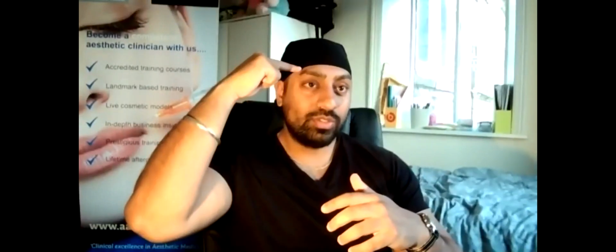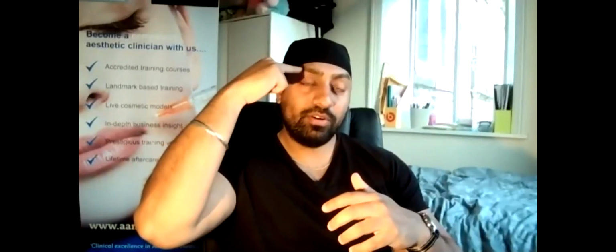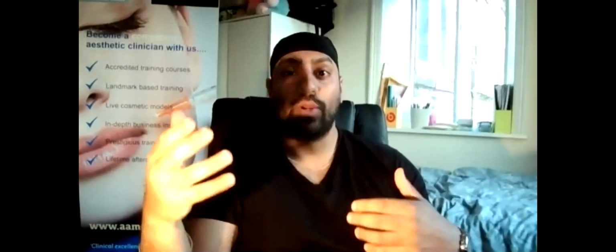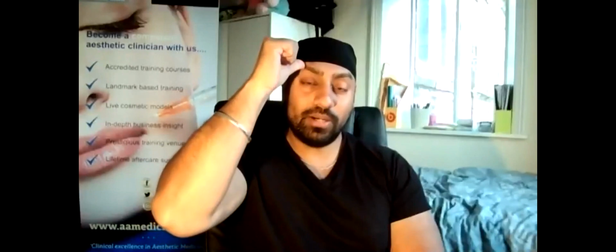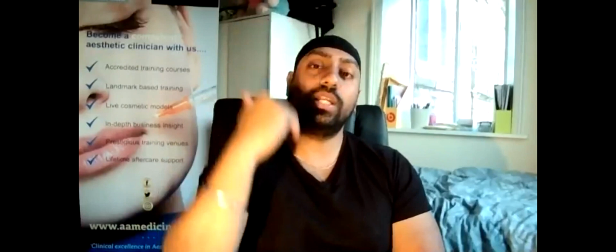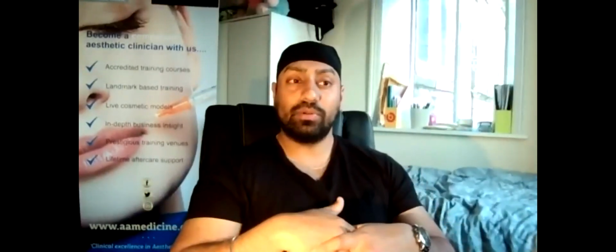So just beneath the peak of my brow, I would go onto periosteum with a needle and inject something like 0.05 to 0.1. Once I'm done, I will hold the product and push it up, hold it there for about 10 seconds and then let go, and you will see a nice lift. If you combine that with injecting into the temples, you'll have an amazing result.